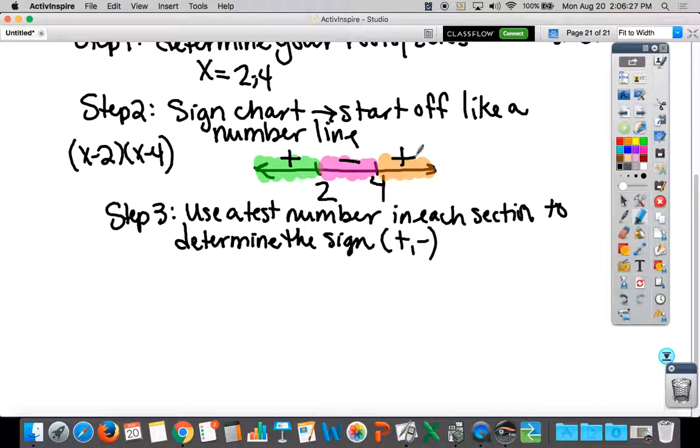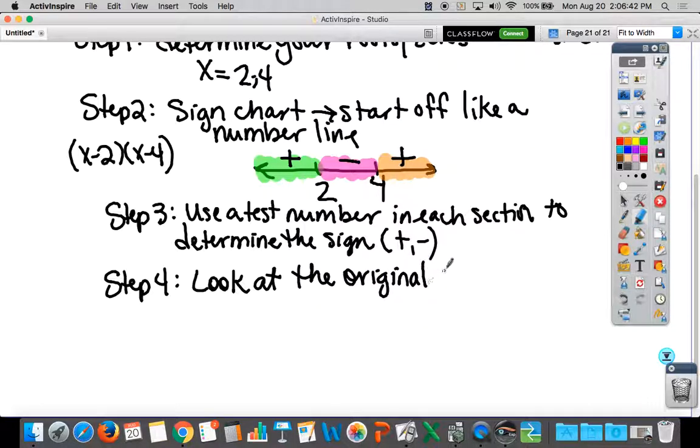Okay, so step 4. Look at the original inequality. Okay. If it is greater than or equal to or greater than, you want positive.